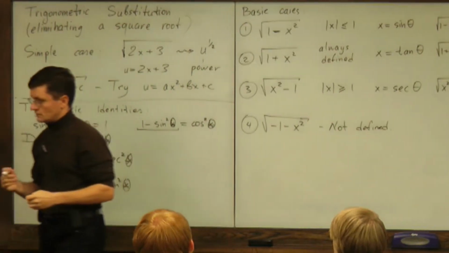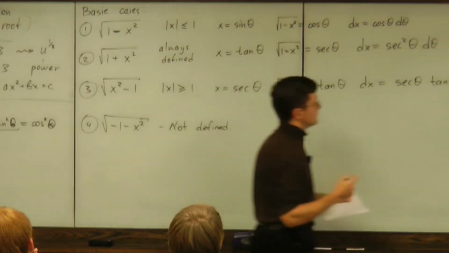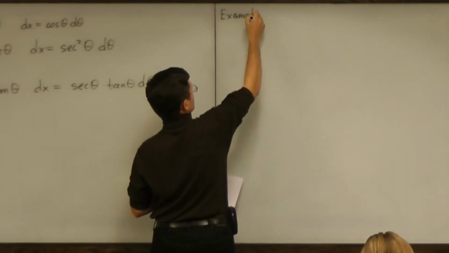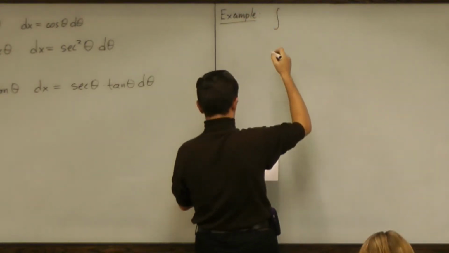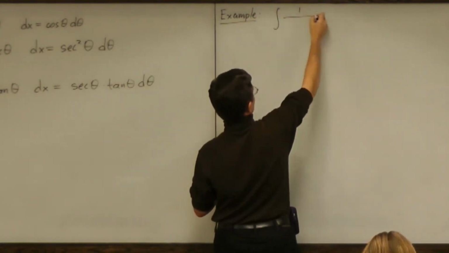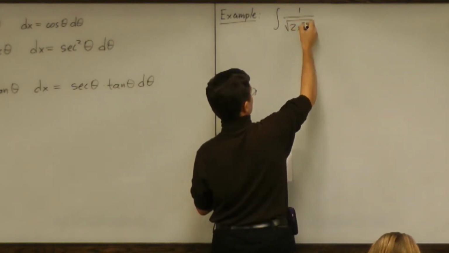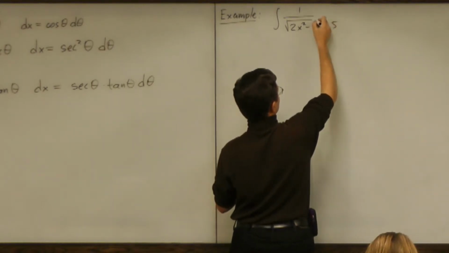So let me do an example. I'll do an indefinite integral of 1 over square root of 2x squared minus 3x plus 5.